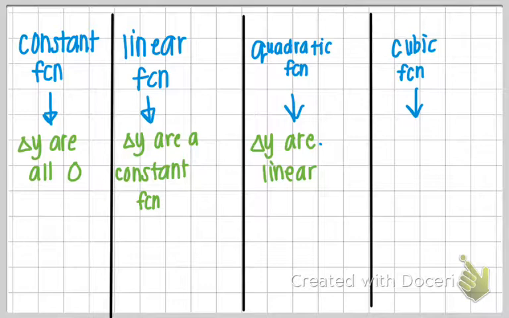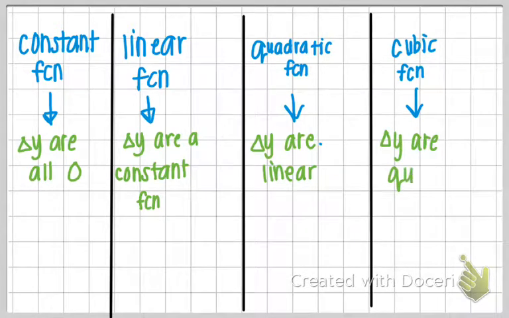Let me make sure. Yeah, in 1-99, if you guys tried a couple of the cubic functions, the conclusion from that one were a couple different things. We saw a lot of neat patterns, so if you want to check in with some of the other people, you can see what some of those were. But the big idea that came out of this was that for cubic functions, the delta y's are quadratic.